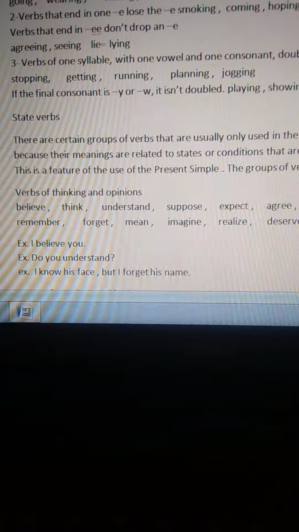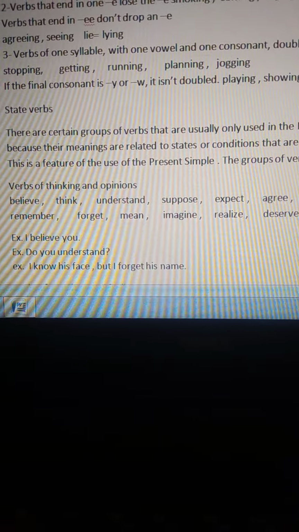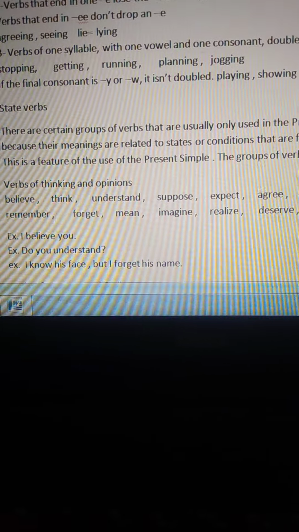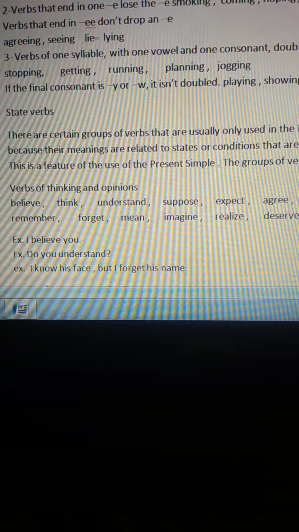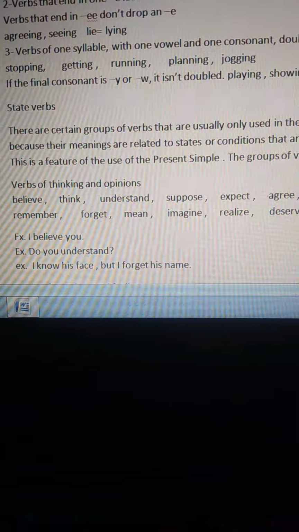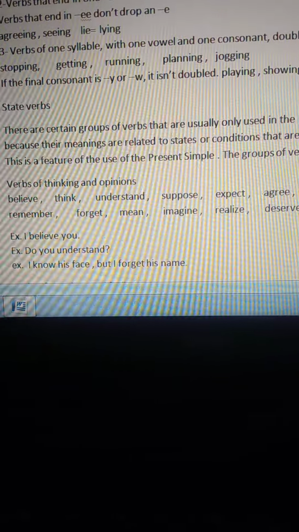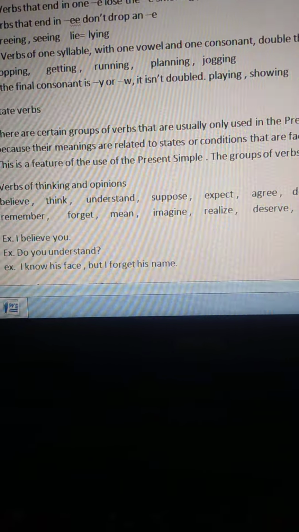Example: stopping, getting, running, planning, joking. If the final consonant is Y or W, it isn't doubled. Example: playing, showing.